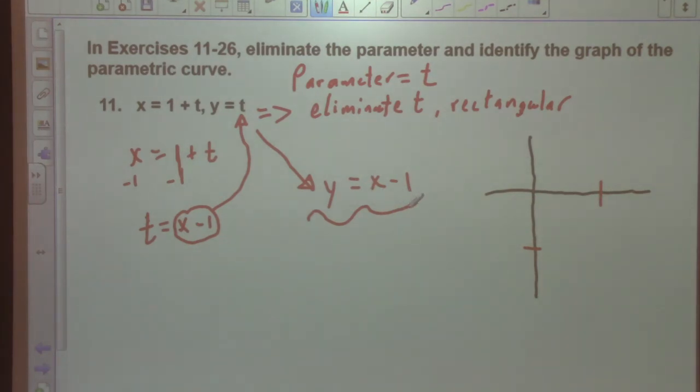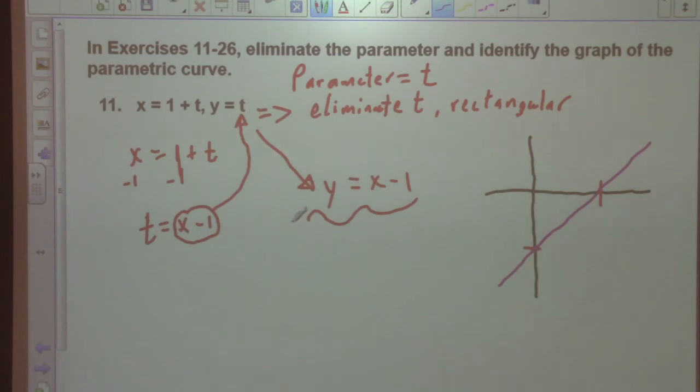A line, thank you. A line with a y-intercept of -1, so there it is, and a slope of 1/1, right? Thank you. People are kind of muffled behind masks. And so that's what this is going to look like.